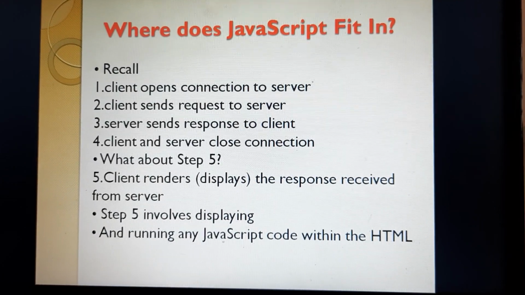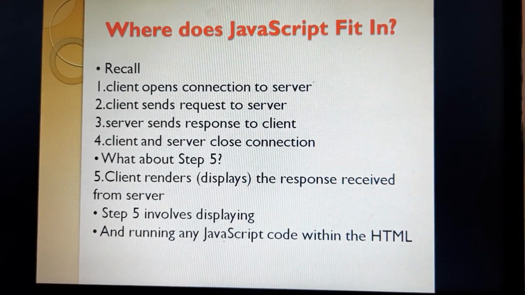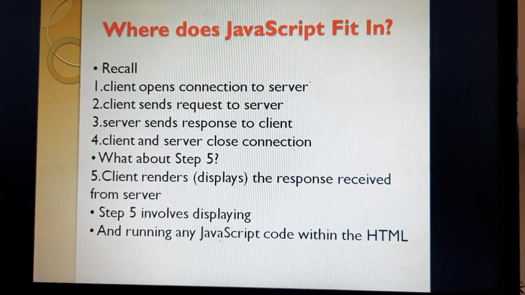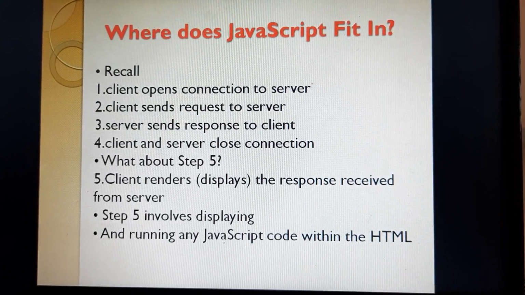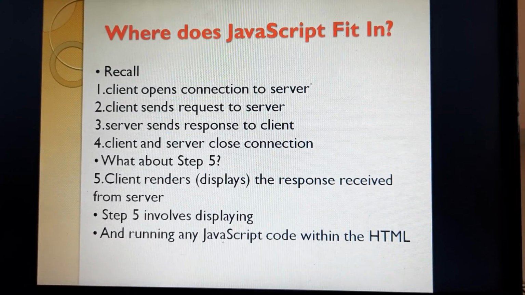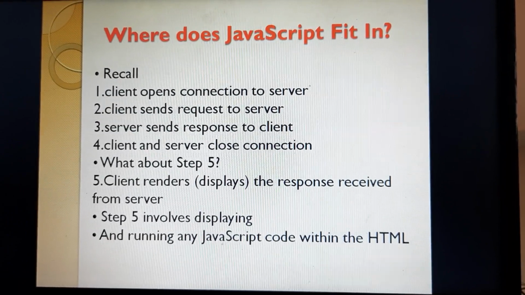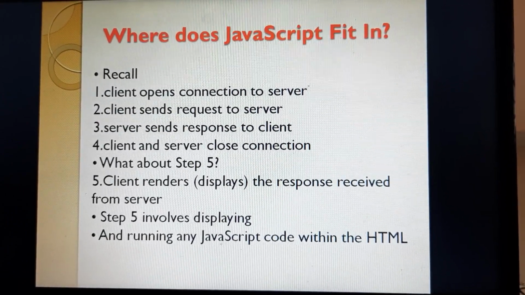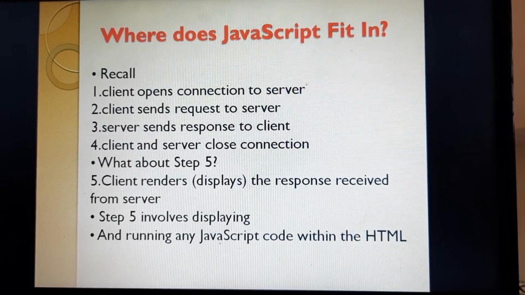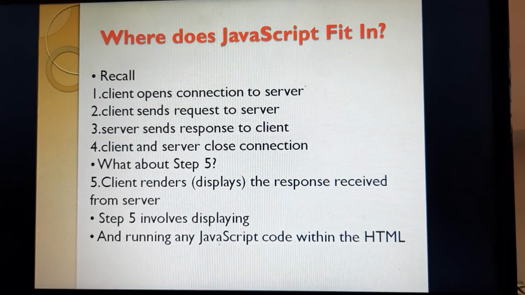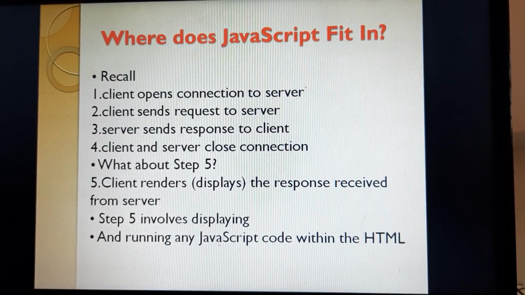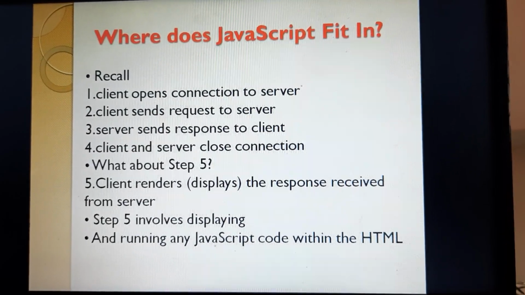As you can see, step 5 involves displaying. It means that when you run JavaScript code within the HTML document and the document opens on your screen, the JavaScript code is interpreted and displayed on the monitor.